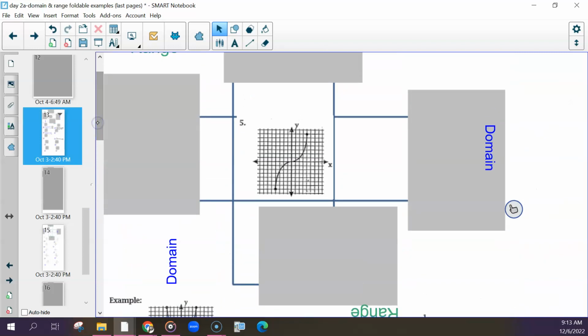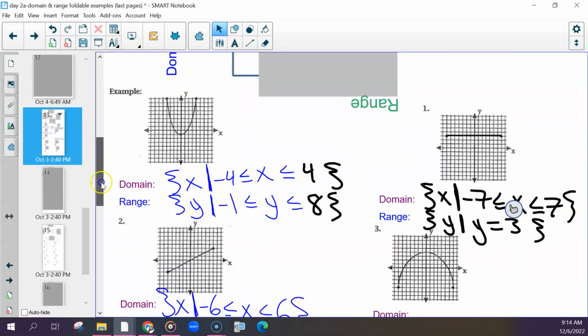And before I start writing, what is the highest point? Emmett? +7. Is that what we all got? Yes. Okay. So how would we write that for our range?